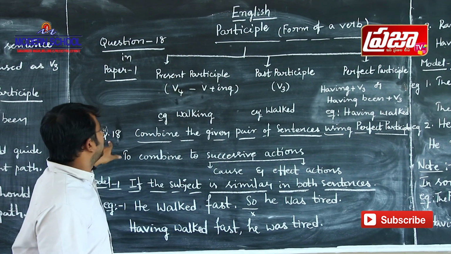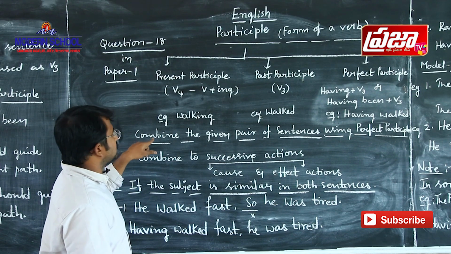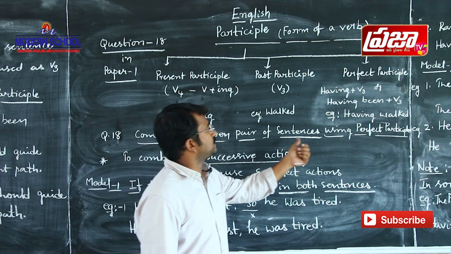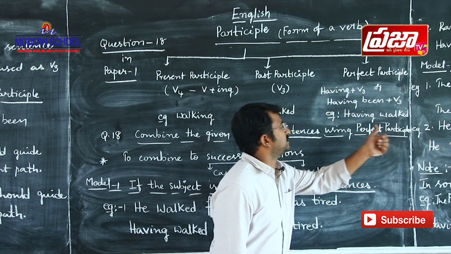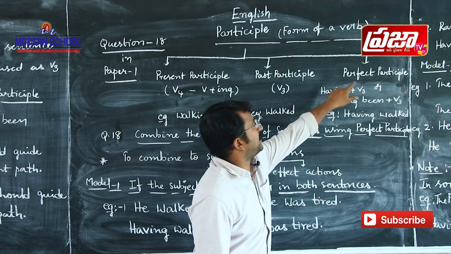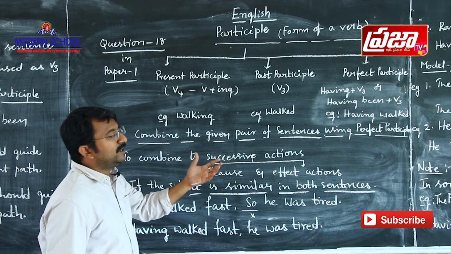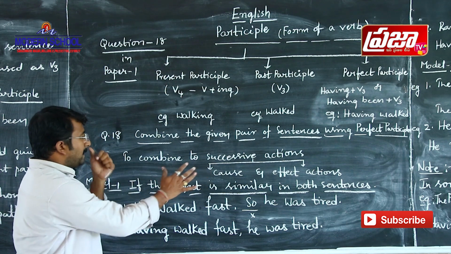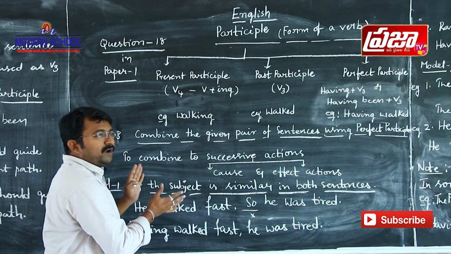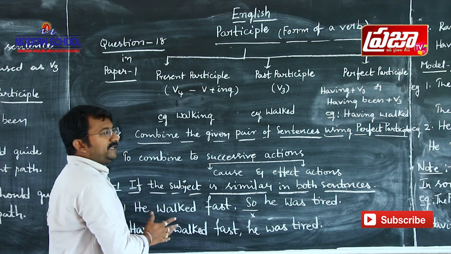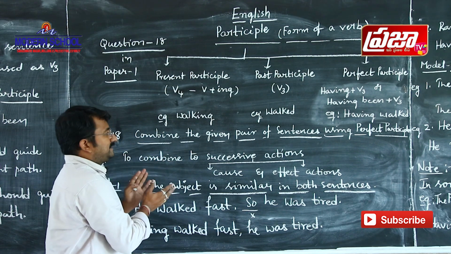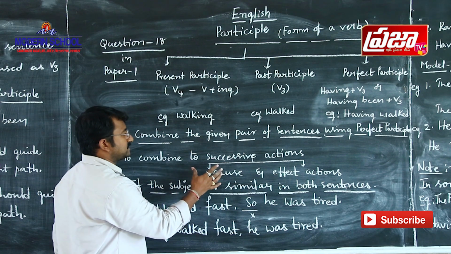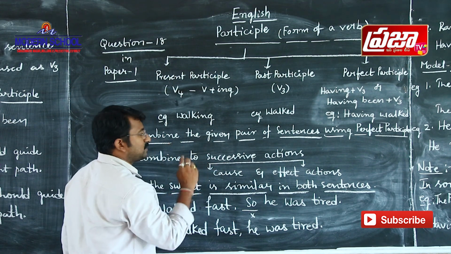If you take the question number 18, the Roman question in paper 1 is: combine the given pair of sentences using perfect participle. Using this perfect participle, we have to combine the given pair of sentences. The main point to be remembered is that the given pair of sentences will be two successive actions.